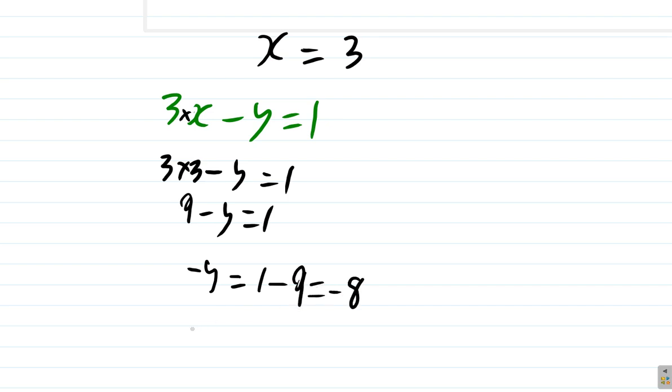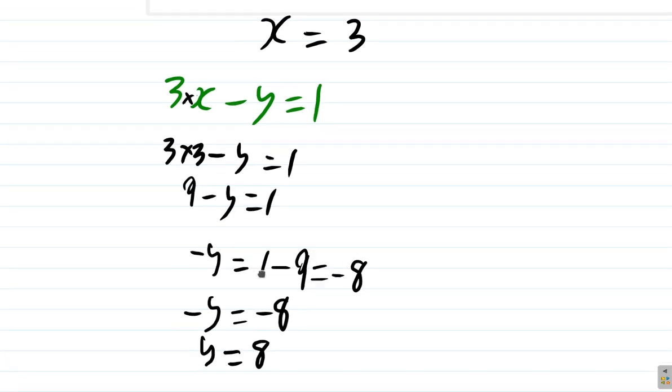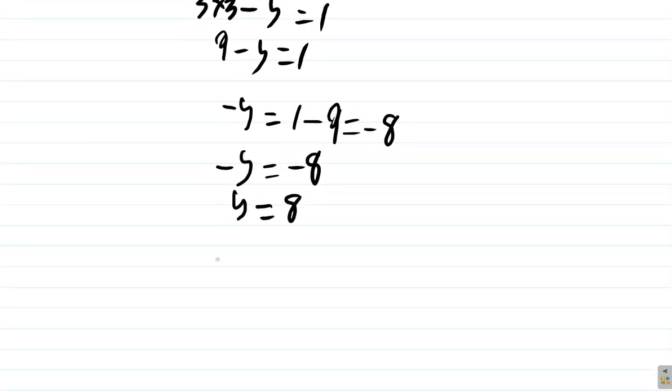Negative 8. So if negative y equals negative 8, by multiplying both sides by negative 1, then positive y must be equal to positive 8. So we have the solution. x equals 3 and y is equal to 8.